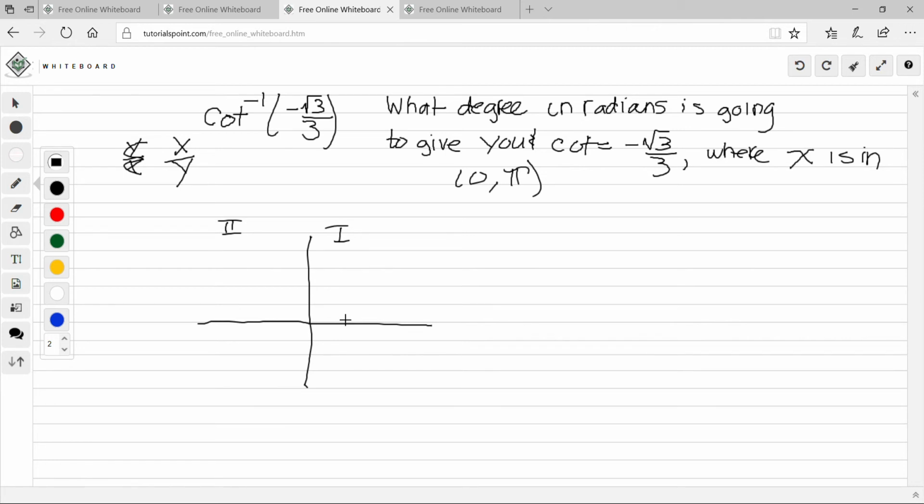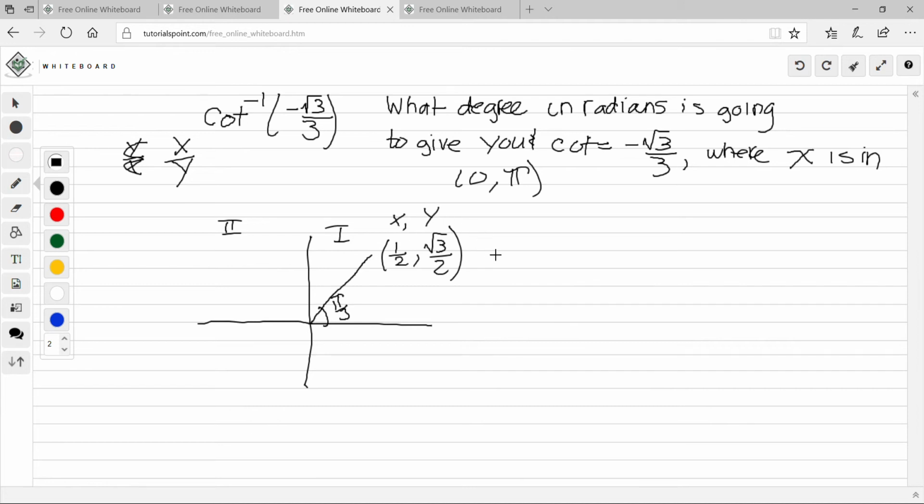Okay, so let's try the radians of pi over 3. Pi over 3 has a cosine of 1/2 and a sine of root 3 over 2. Here's your x, here's your y.